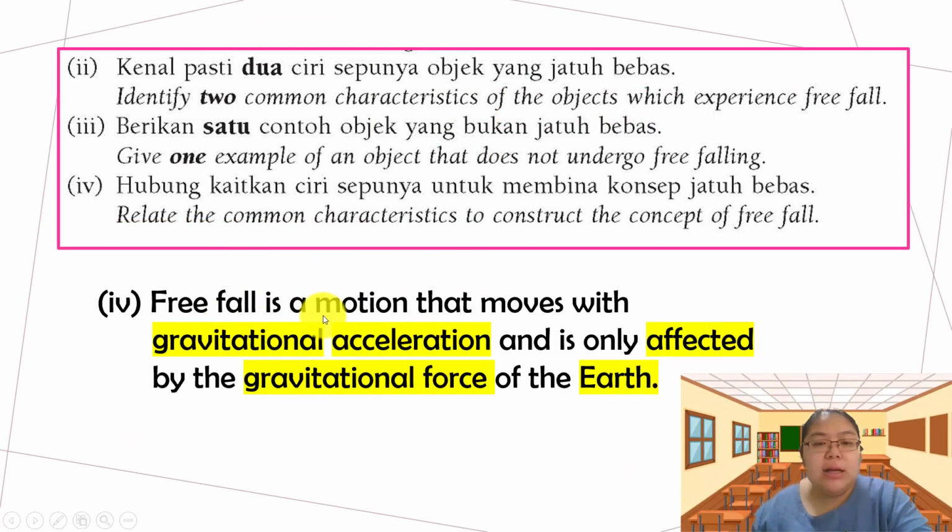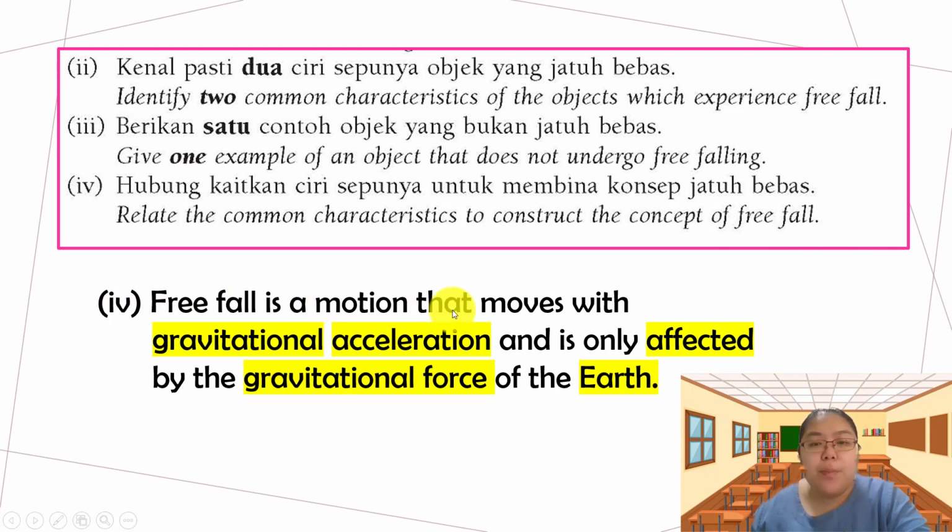Free fall is a motion. Because free fall is a process, you are talking about motion. If they ask for the concept of inertia, you must say inertia is what. If something about the concept of velocity, you must say velocity is. So here they're talking about free fall.